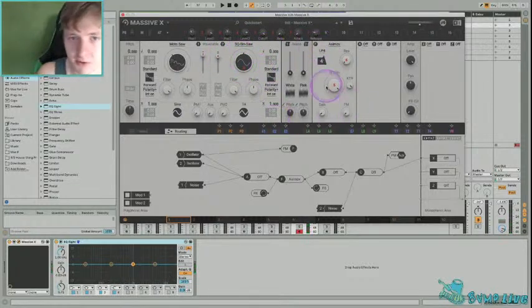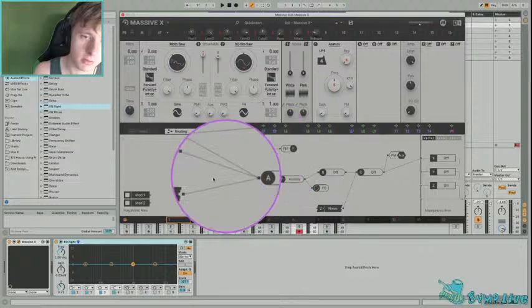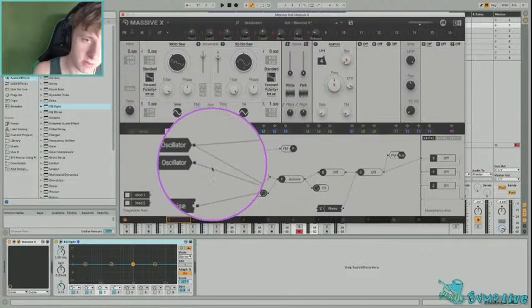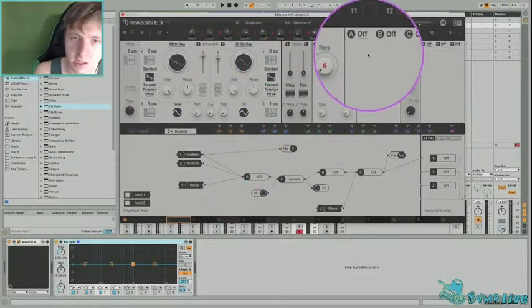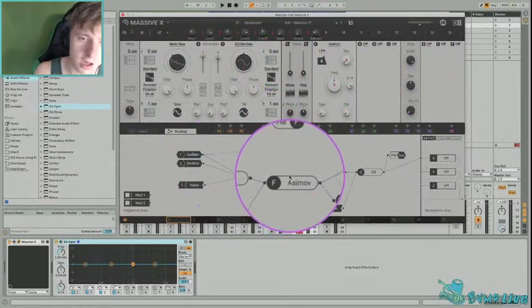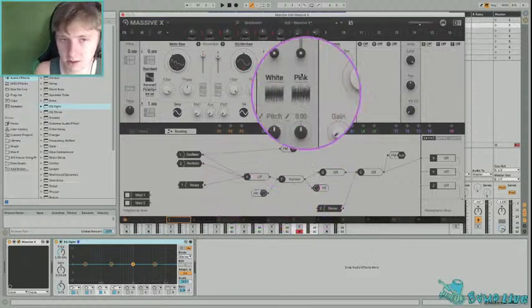And if I were to put a filter on them, well, the filter's already on them because you can see in the routing it's going through that filter. So you have oscillator 1 and 2. Just ignore all the other stuff for now. It's going from oscillator 1 and 2 into A, which is nothing right now. That's effects over here. And then into F. So if I were to take this A out and just connect these all up to F, then it would work the same.